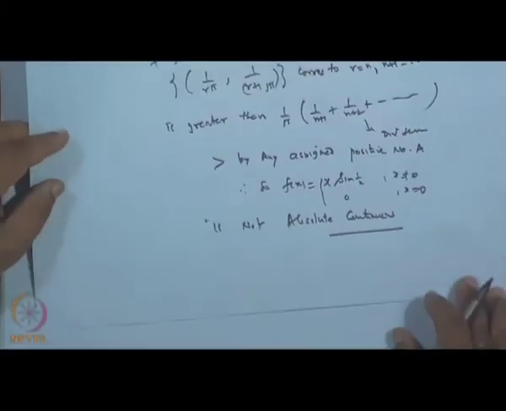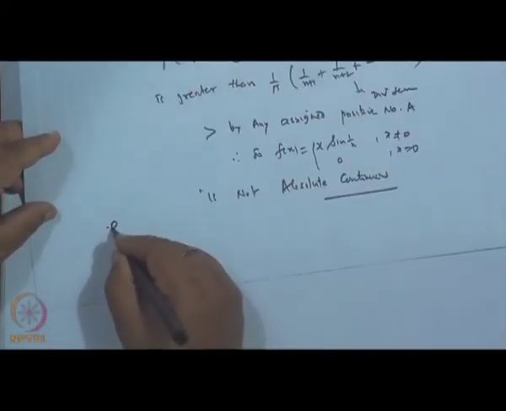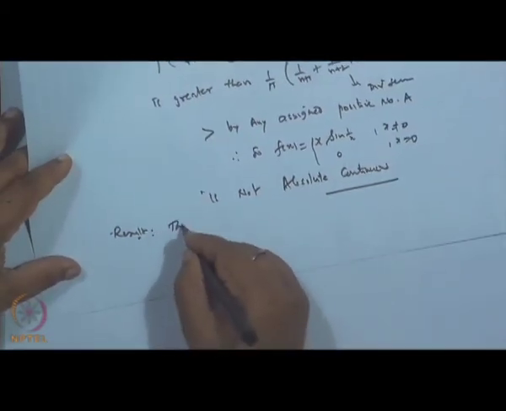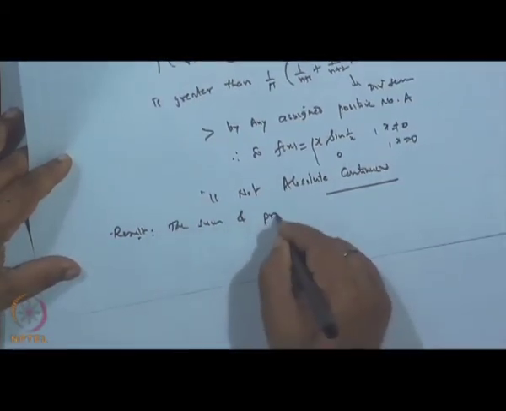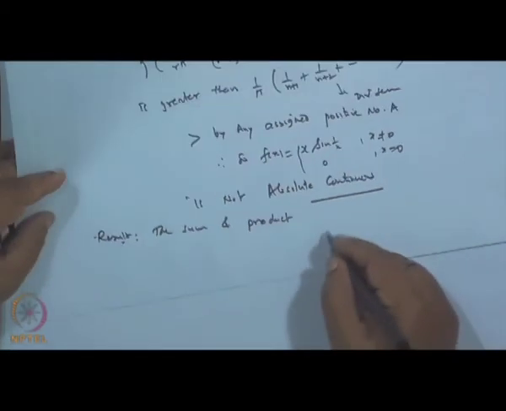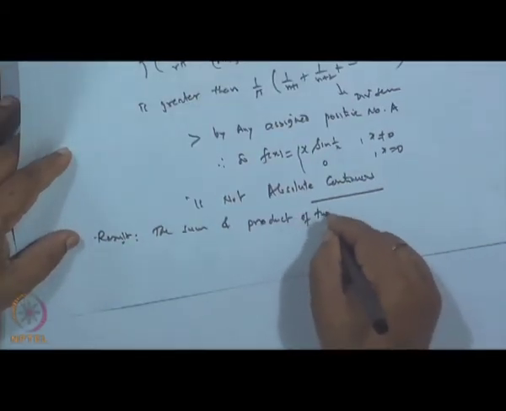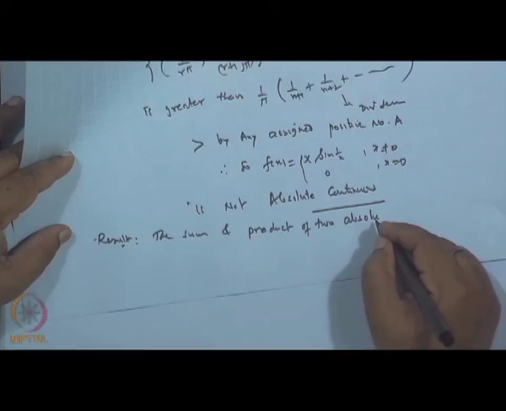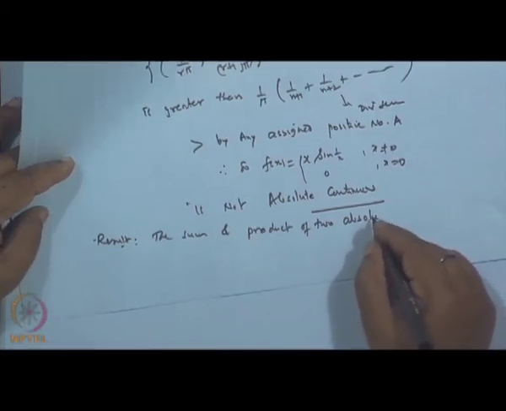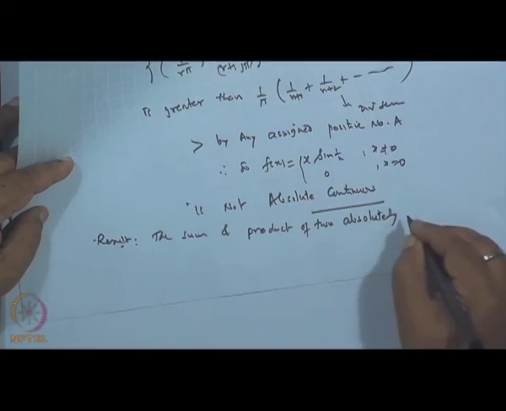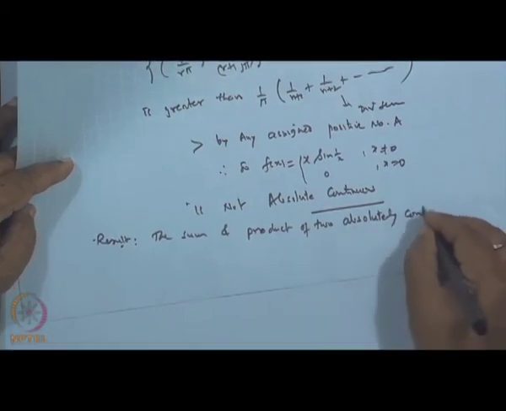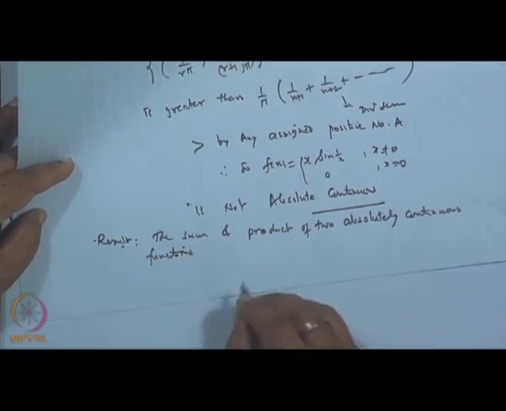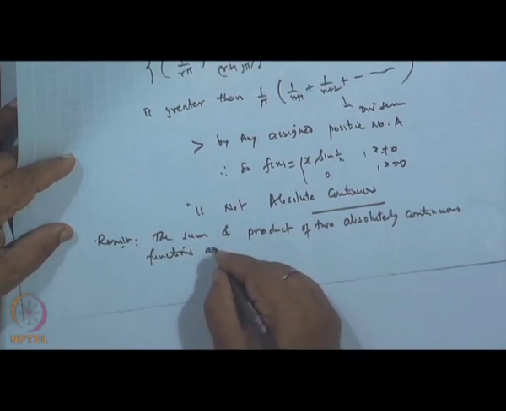Now let us just state one more result. The result says the sum and the product of two absolutely continuous functions are absolutely continuous.